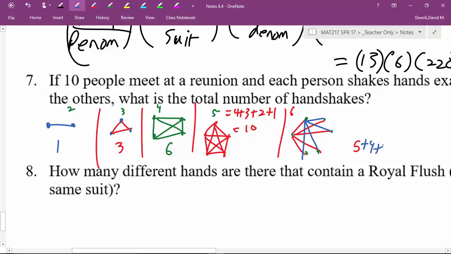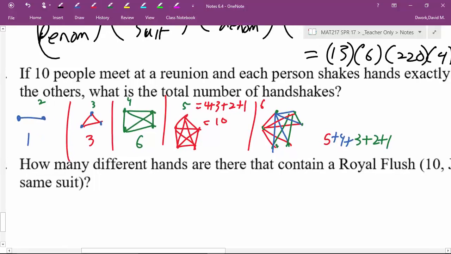Then the next person has 3 people left to shake hands with. I see the pattern. Then it's going to go to 2, then 1, and we are done. So therefore, 5 plus 4 is 9, 10, 15 handshakes.